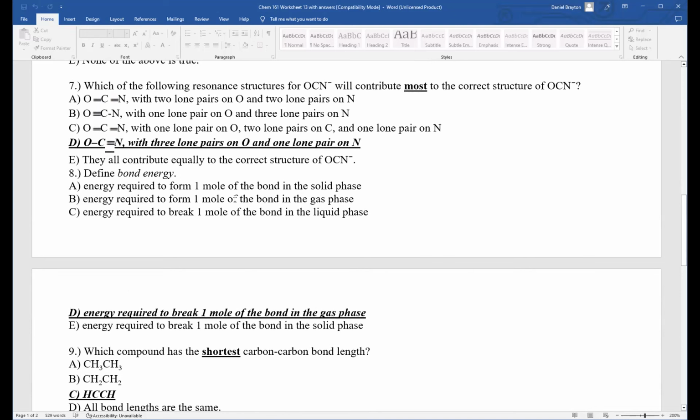7, which of the following resonance structures for OCN minus will contribute most to the correct structure of OCN minus?